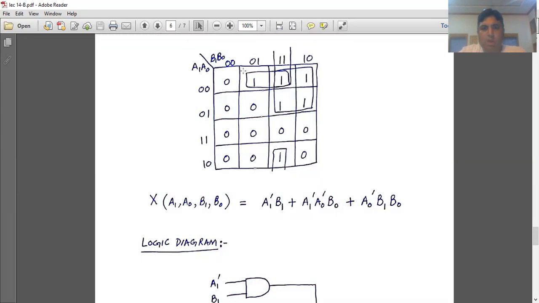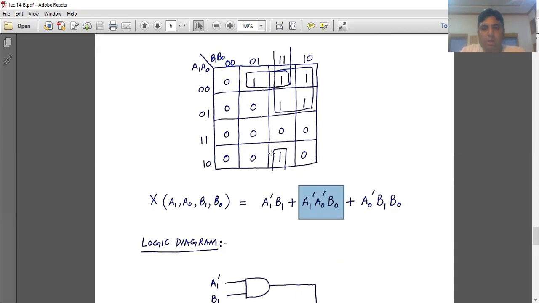Next, taking these two common, which variable is eliminated? B1 is 0 here, B1 is 1 here. B1 is eliminated. We will get A1 bar, A naught bar, and B naught, because B naught is 1 here. So the second term is this.